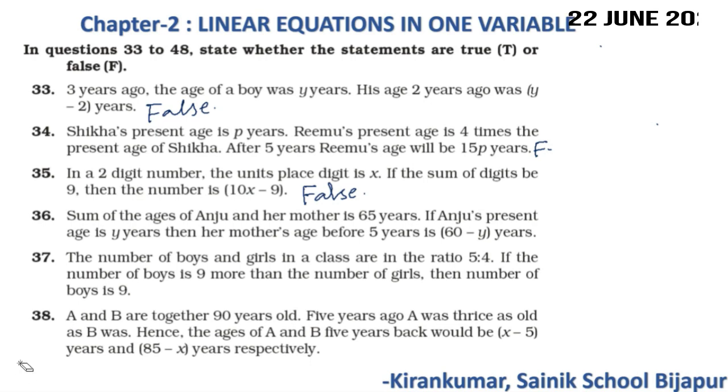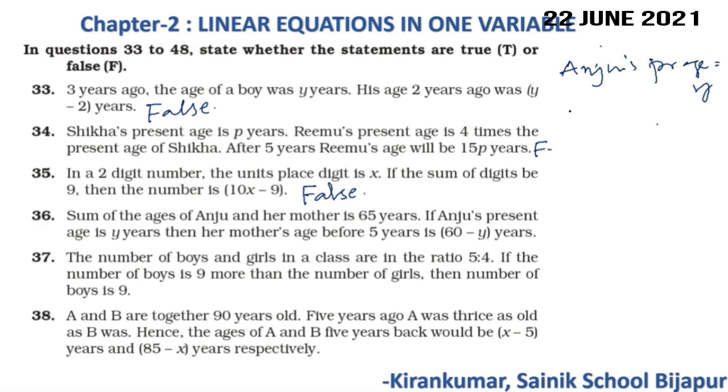Now question 36. We have: the sum of the ages of Anju and her mother is 65 years. If Anju's present age is y years, then her mother's age before 5 years is 60 minus y years. Here, Anju's present age is given as y years.